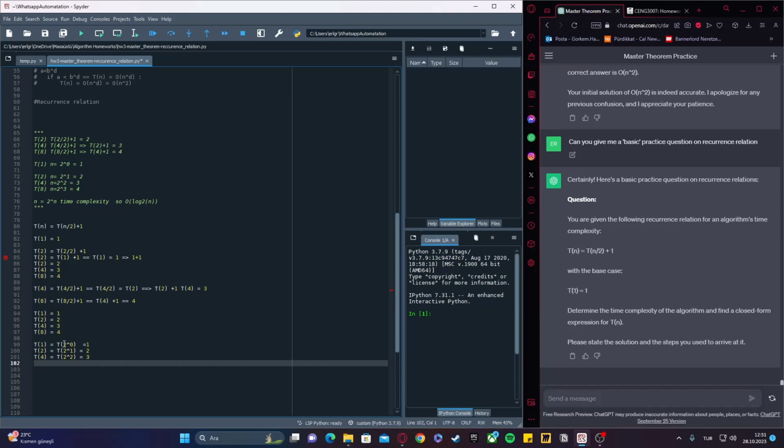So it is going to T(n) with n as a power of 2, and it must be equal to O(log 2 base n).